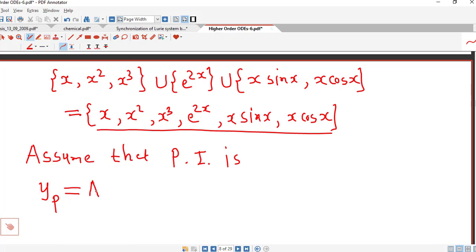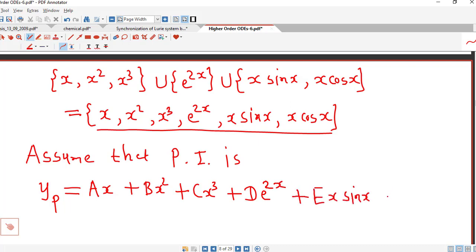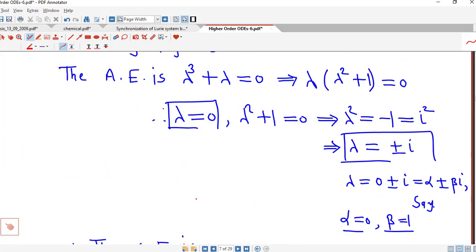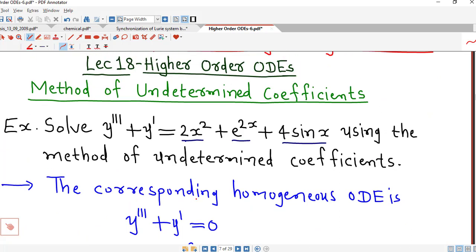So we consider a into x, b into x square plus c into x cube plus d times e raised to 2x plus e times x sin x plus f times x cos x. So this is the proper choice for the particular integral or particular solution corresponding to the given right hand side.